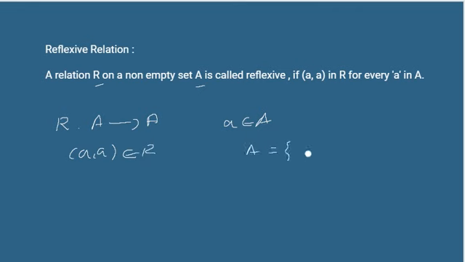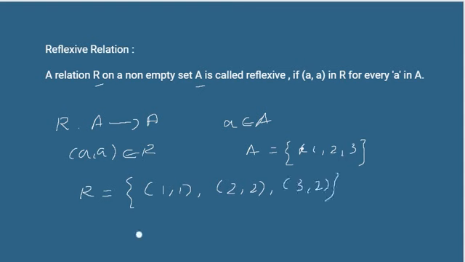Let A be the set {1, 2, 3}. Let R1 be {(1, 1), (2, 2), (3, 2)}.